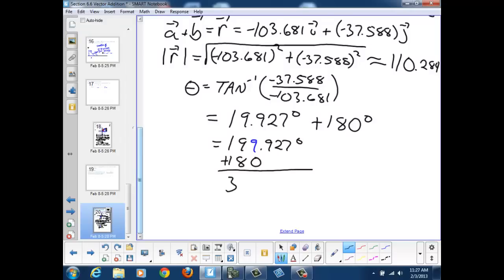That gives me 379.927 degrees. But all bearings should be within 360 degrees. So we find a coterminal angle by subtracting 360 degrees, and we end up with a bearing of 19.927 degrees.